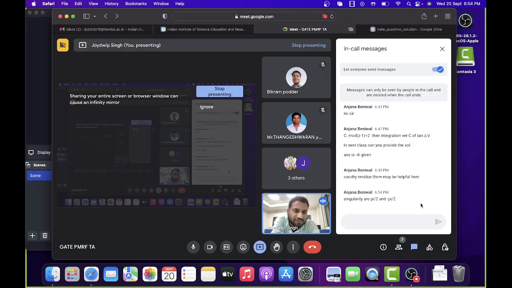But pi by 2, yes, pi by 2 has a singularity, since cos pi by 2 becomes 0, right?